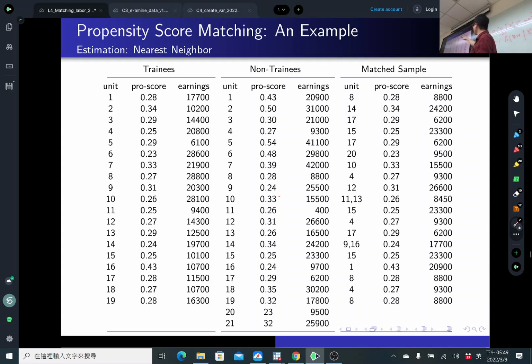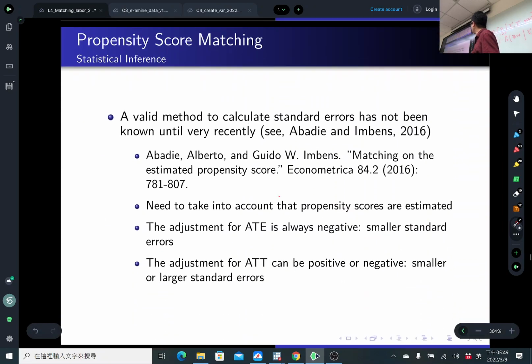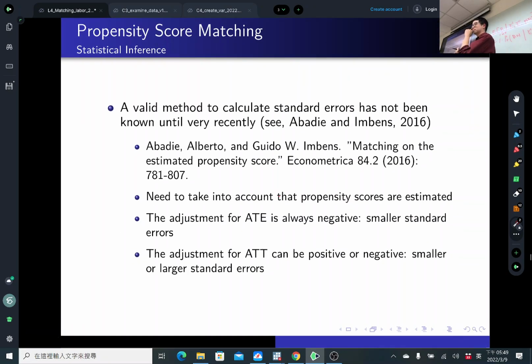So instead of matching on x itself, you can just match on p of x, the propensity score. That makes the problem much easier. Any questions? So we can get the estimate of the causal effect for the treated using propensity score matching.